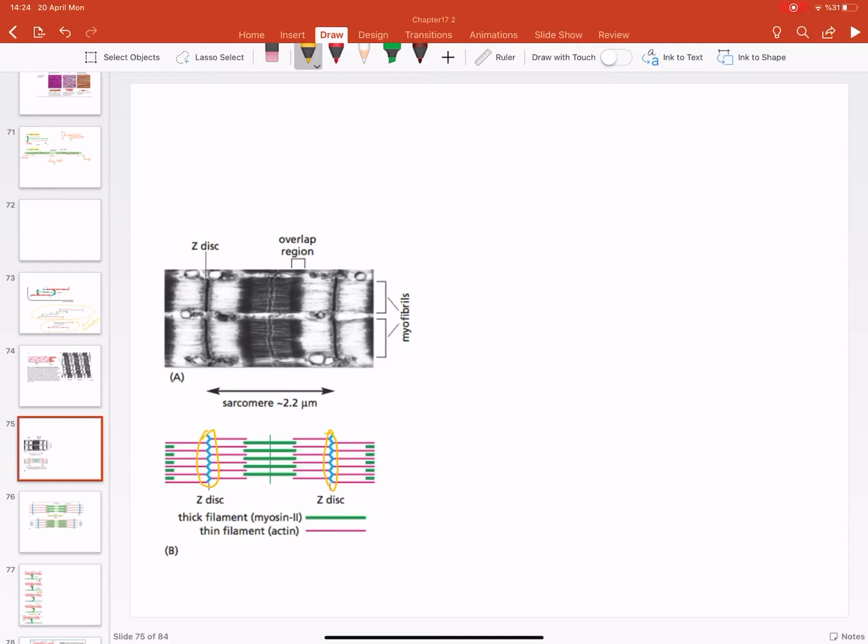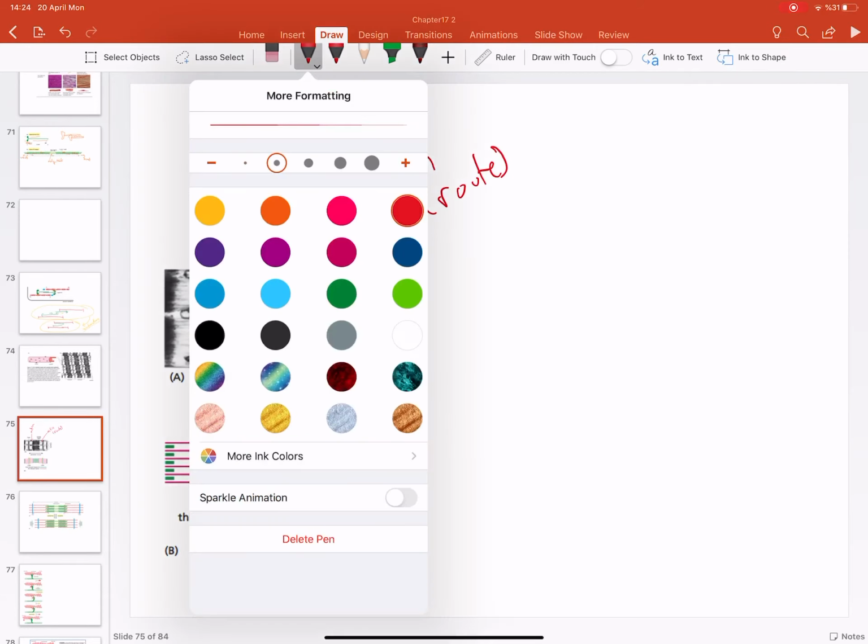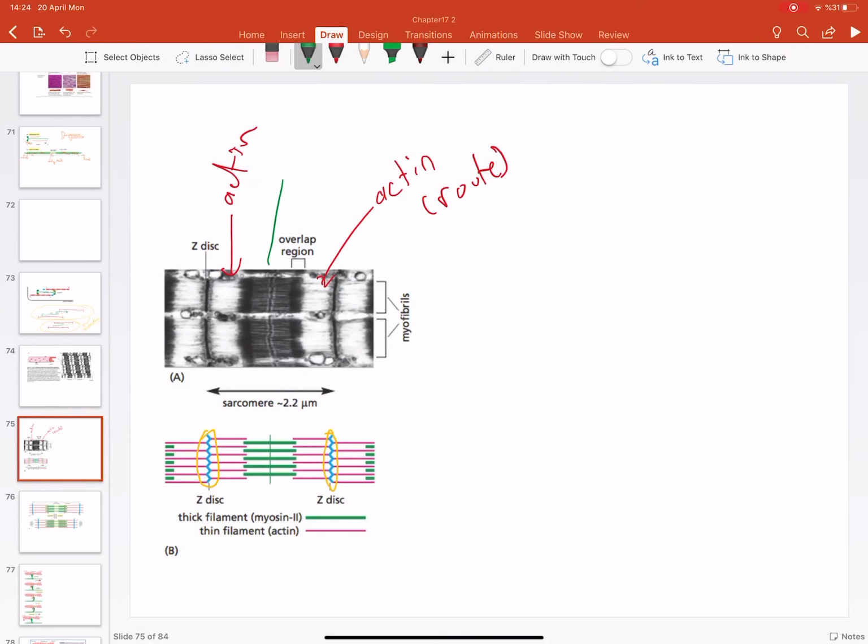Here in this light place, you have the actins. So these are the roads that the myosin 2 motors are walking on. So this is the road, and this is myosin 2, which is the motor.